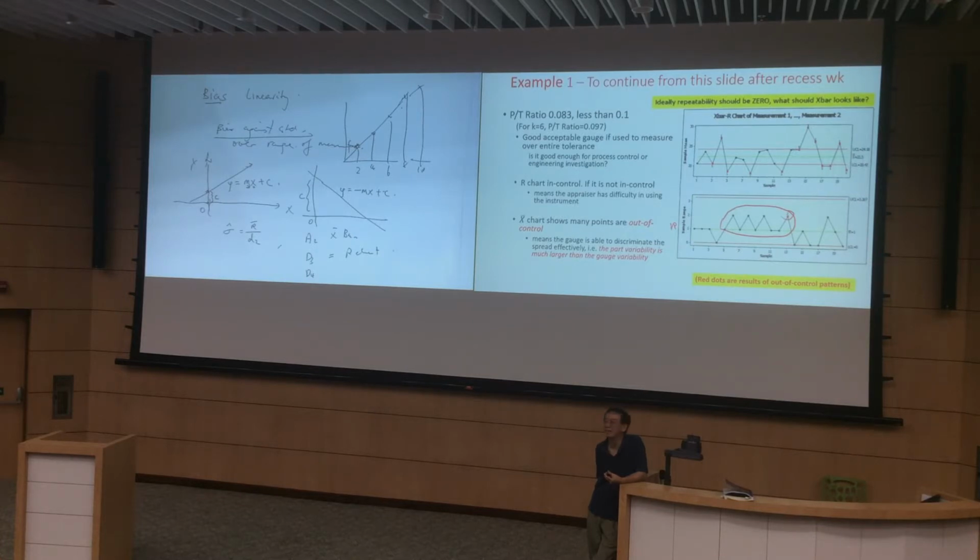Maybe when I measured it, this guy had dirt there or something like that. So if you have that kind of weird scenario, not something randomly in between the upper and lower control limit, but swinging to the extreme or outside the upper control limit, something weird is happening. And you should check that out.